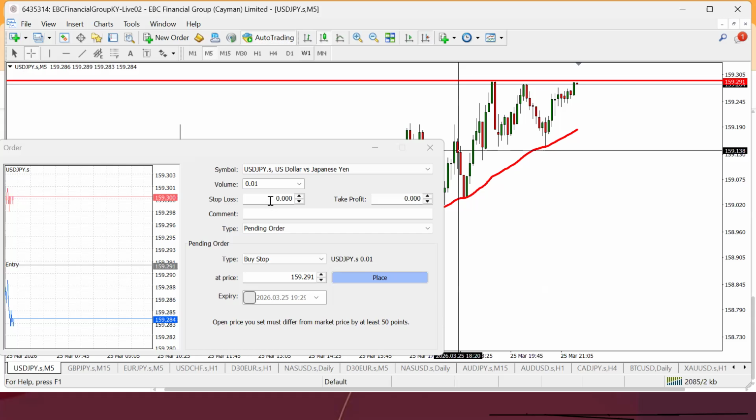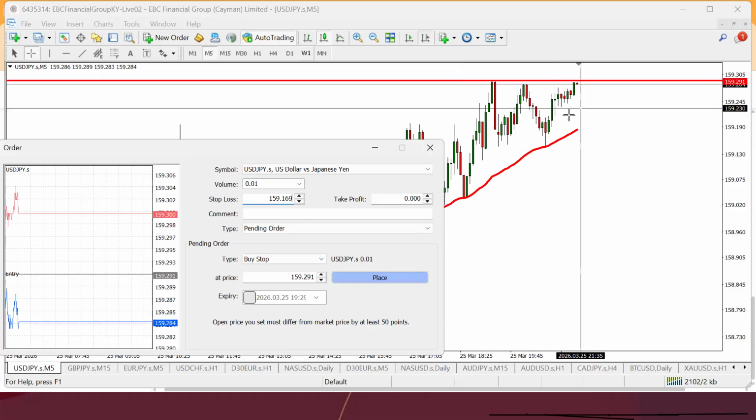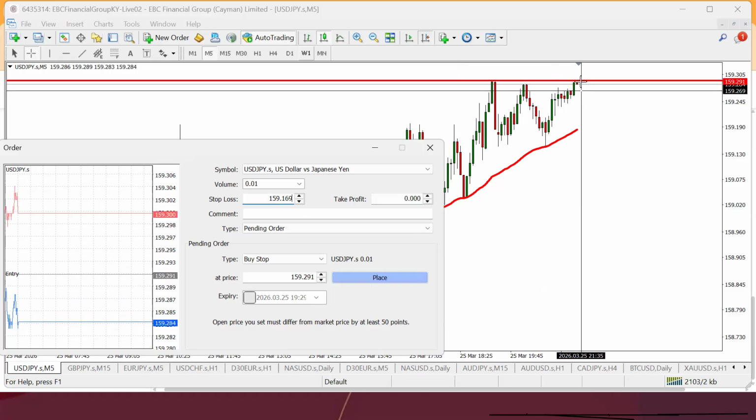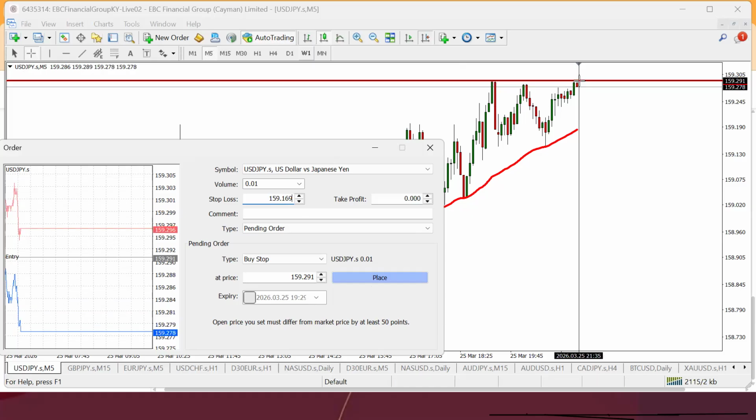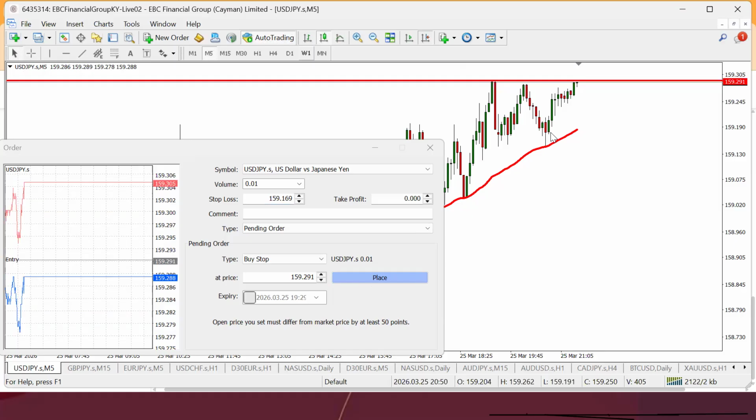So for stop loss, I do 159.169, and I can go ahead to place this trade. Once I place this trade, no matter what is going on around this point, I just go and sleep. What I am risking on this trade is about 11 pips. That's the reason why I say it's very good for currency.